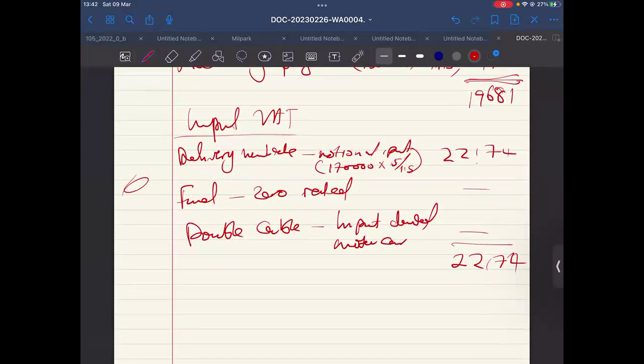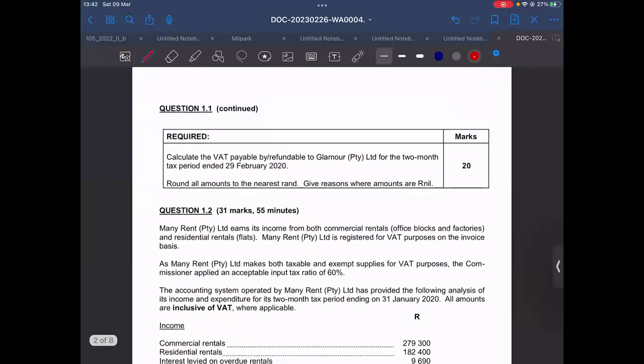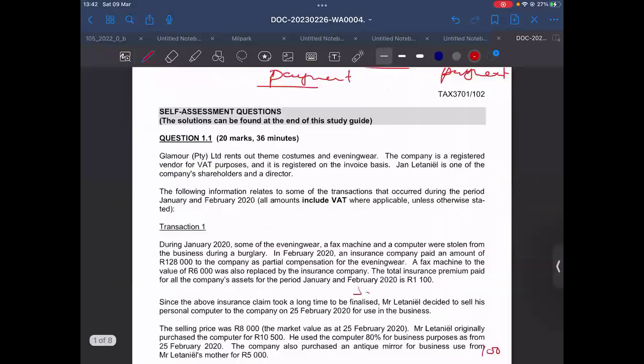Remember, I said to you, input is an asset, then output is a liability. So therefore, we're going to have VAT refundable. VAT refundable. Yes. You are going to say output 19,681 minus input 22,174. You get a negative answer, it's fine. So that's what they wanted. Right, move on to the next transaction.